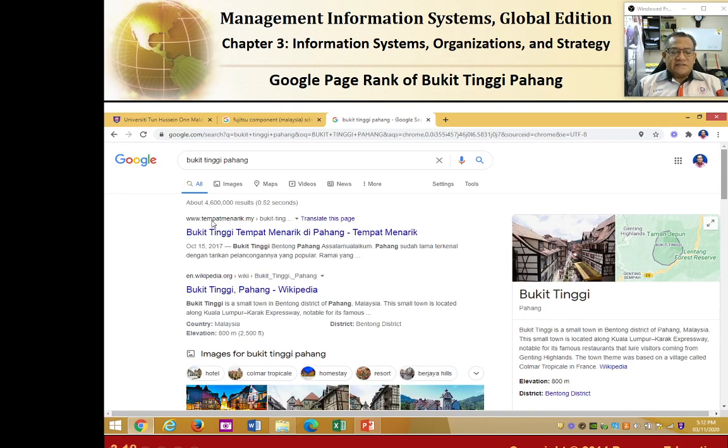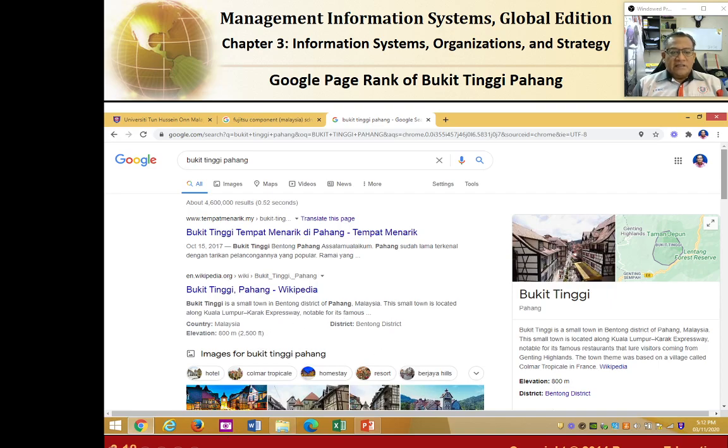This is the first rank, the one users already searched the most. This is the second, Wikipedia, the second most hit, that other users have searched and found information about Bukit Tinggi Pahang and so on.